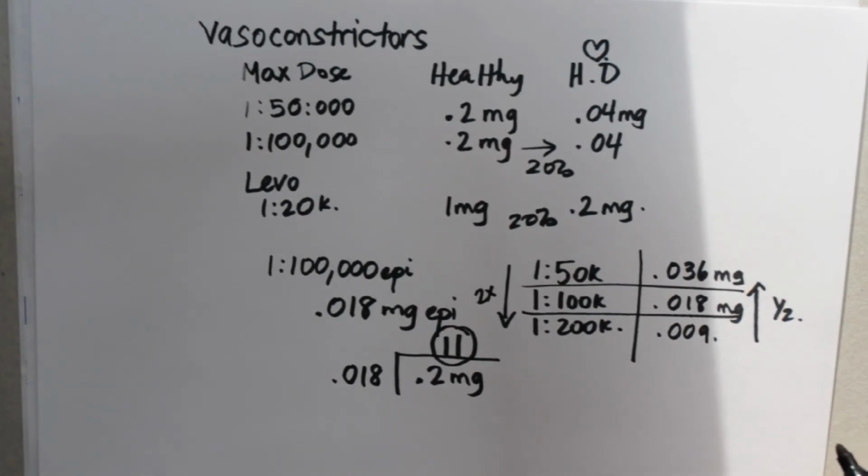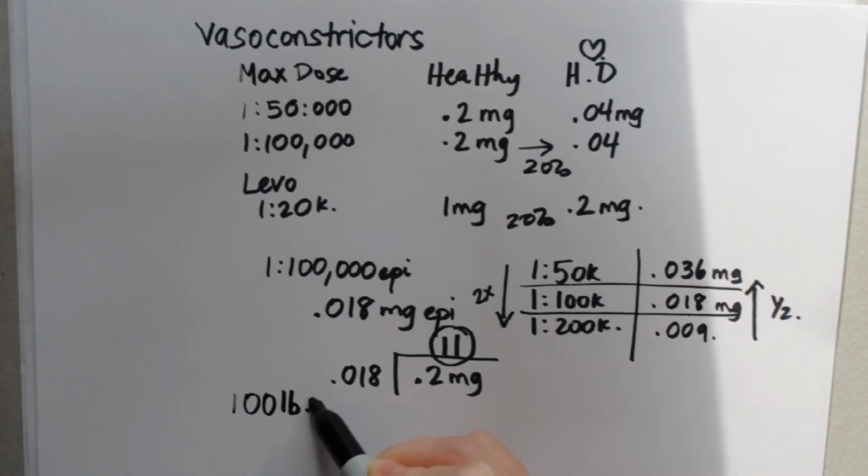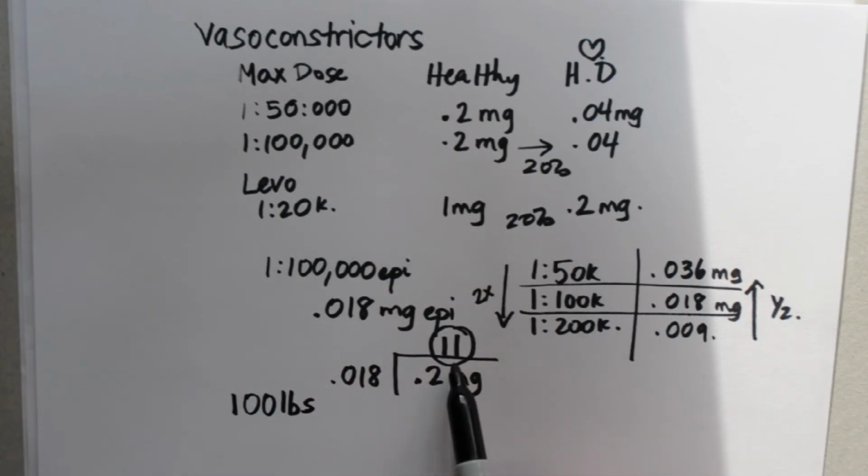Let's take a look at how many carps a person can have if they weigh 100 pounds. So we figured out that 11 carps is what we can have in terms of the epi. So now let's look at the second factor, which is how much lidocaine they can have in a single day.